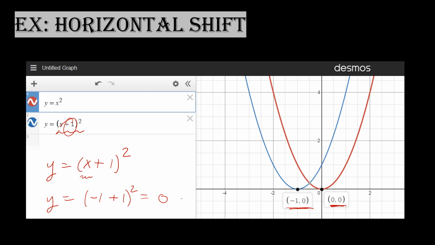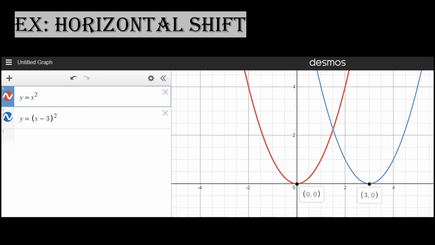This is how we know that we have the point (-1, 0) on our graph. And again, we can have shifts to the right. If we're thinking about points on this graph, what happens if we plug in 3? Well, we get out 0.